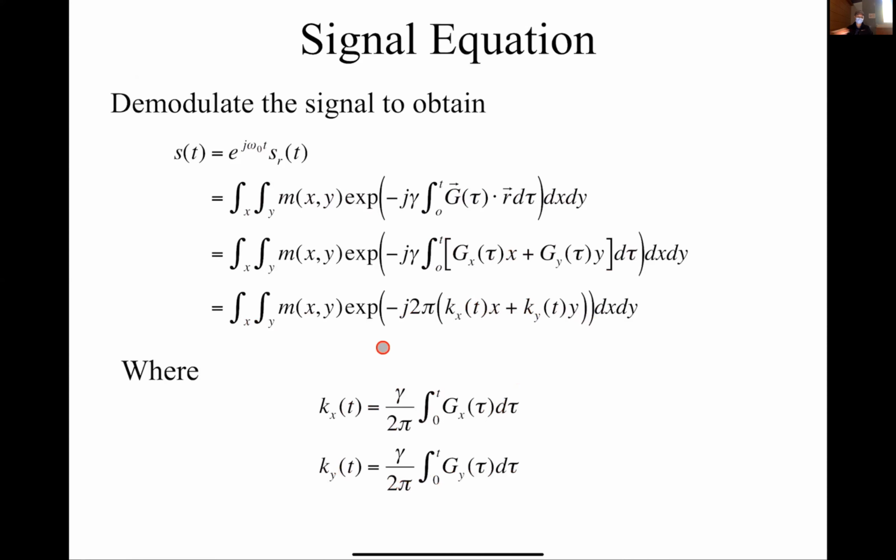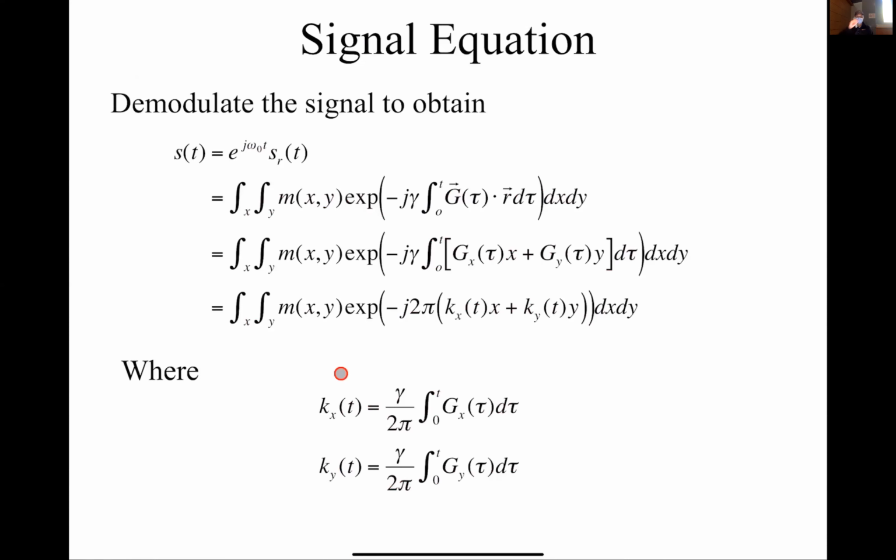It just says that if I turn on my gradients, I use this formula to tell where I am in k-space. If you want to know where you are in k-space due to the gradients, this formula tells you, you're at this point just by integrating the gradient area.